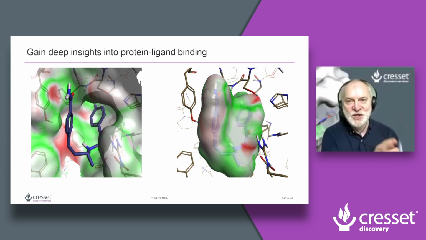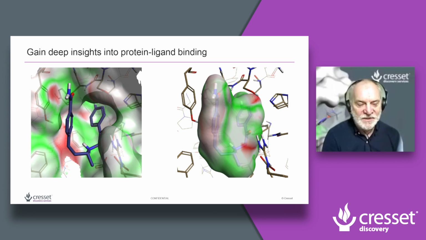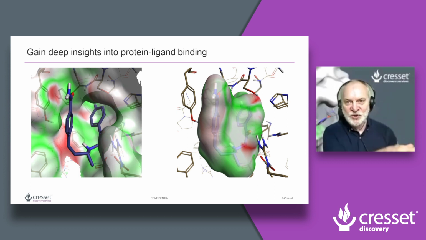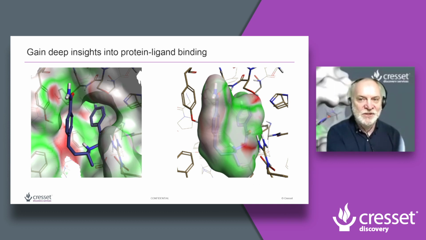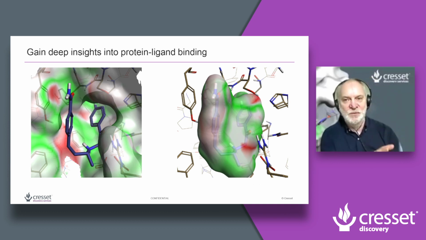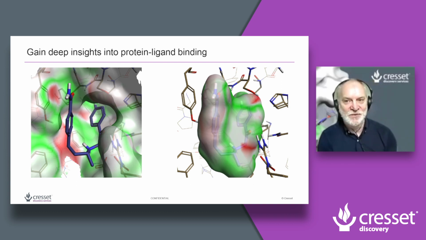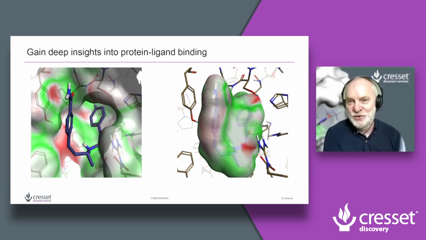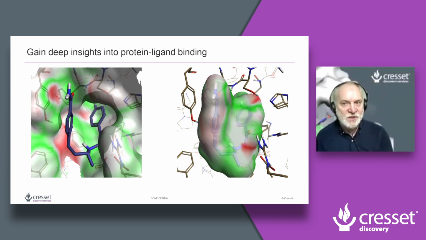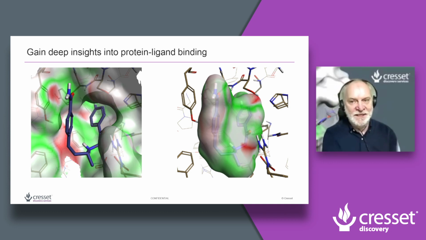And this is a measure of the electrostatic complementarity of that system, which shows you the match between the electrostatics of the ligand and the electrostatics of the protein. Green is good, where you've got a really good match. Red is where you've not got such a good match, so it's an opportunity for optimization of that system, potentially. So we're not just in the ligand-centric space, we're in the ligand and the structure-centric space. We've got lots of really cool tools for doing structure-based as well as ligand-based analyses.